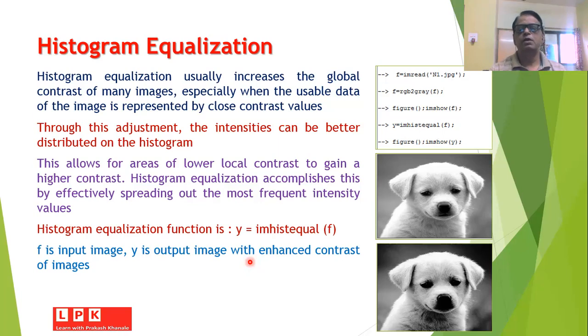For example, if I read my image, convert it into gray, and show the original image, and then apply the histogram equalization function on this image, the output will be displayed as shown in this window. One can easily find that the intensity distribution, or contrast distribution, in the image is much better when we apply the histogram equalization function.